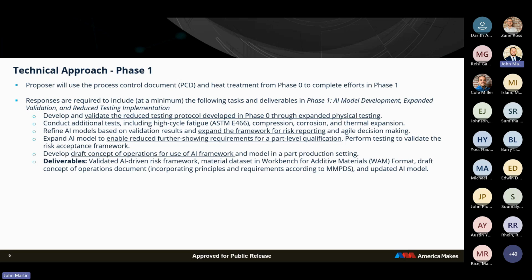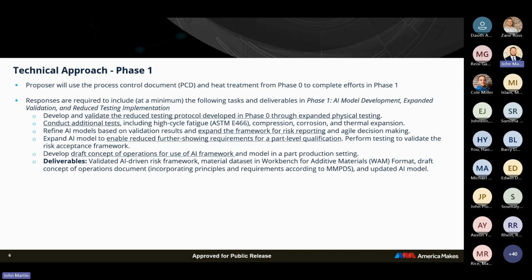And what's going to be done in this phase is to produce further test results to validate what was done in phase zero, and then also conduct additional tests for things like high cycle fatigue, compression, corrosion, which some of those will be done inherently through the pre-qual according to that flight systems bulletin, and it's in their test plan matrix, but not, like I said, not a lot. Maybe for instance, 3 samples for a couple builds or something.